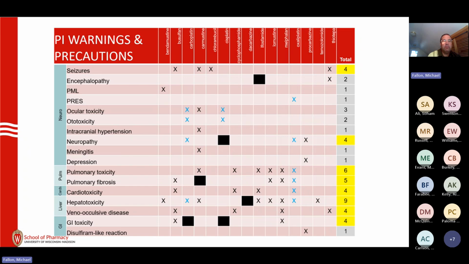And the blue are the platinating agents, so you can see class effects with the platinating agents. Neurotoxicity as a class has a variety of different adverse effects. And then on the right-hand side in yellow, if the adverse effect is in 4 or more of the drugs, I highlighted that as well.